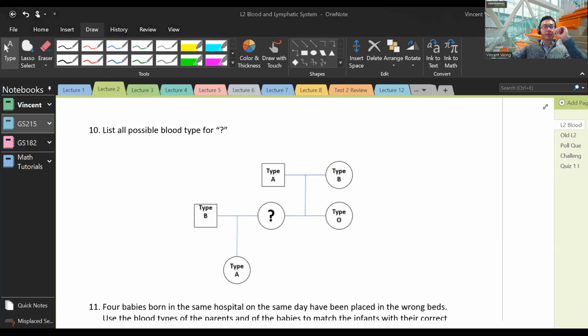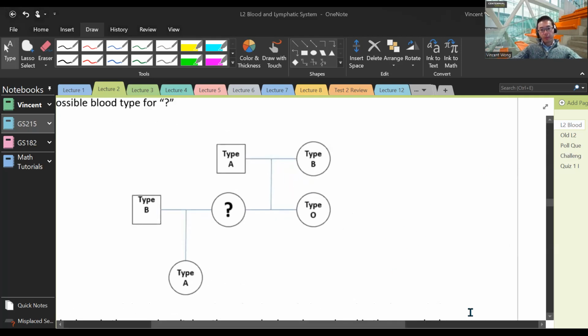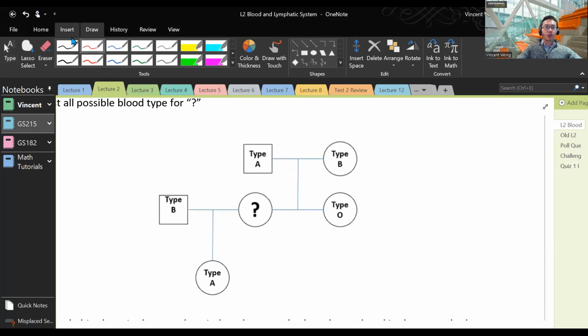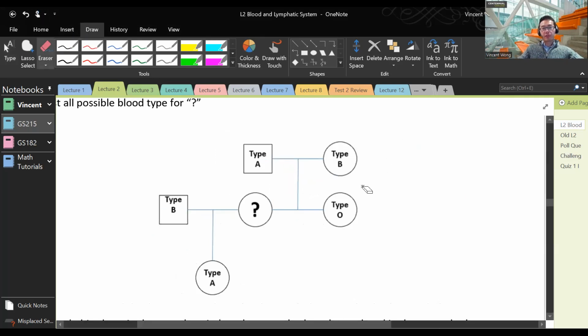Okay, let's find out. To do something like this, we would write down the genotype of all the people we know for certain first. So type O, we know type O is little i. There's no other choice for type O. For type A, we know there must be at least one IA and then something else.